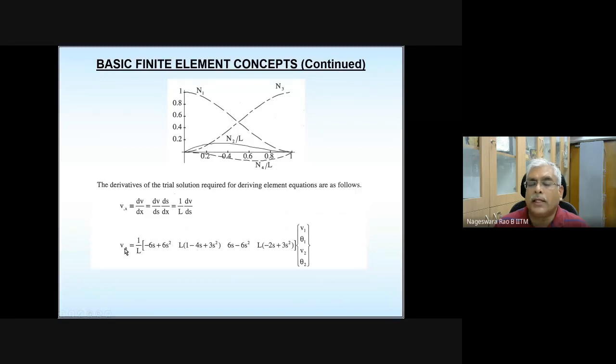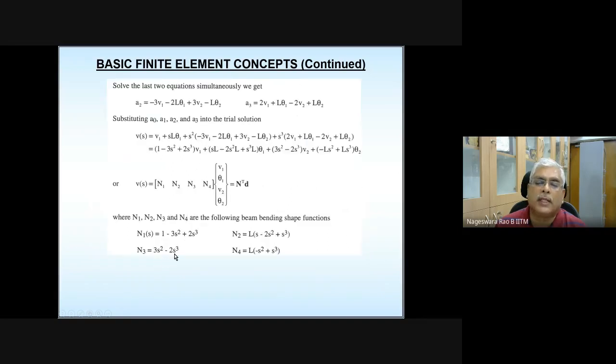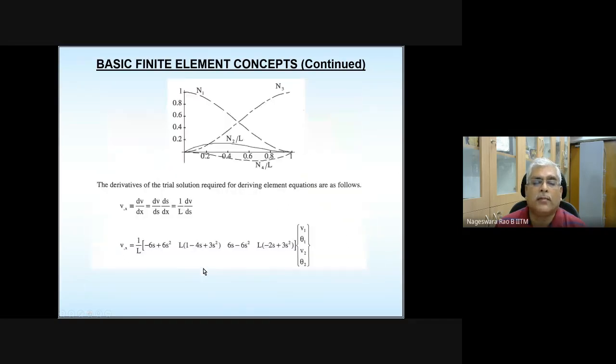You can see here the rotations are the slope. The highest order of S is 2. So it is quadratic. As long as the slope in that particular element has up to quadratic variation, this element is going to capture it exactly.